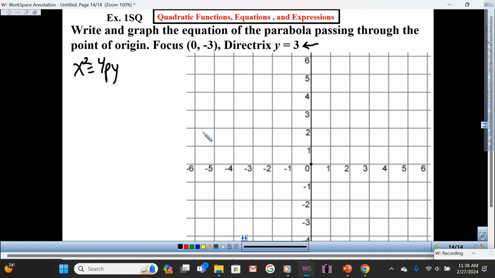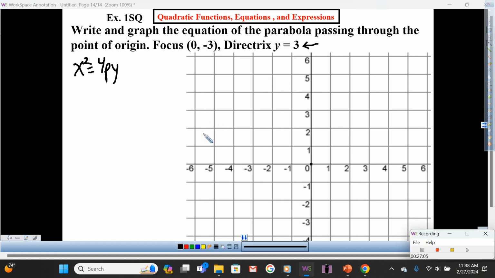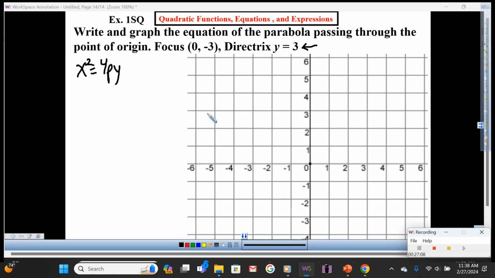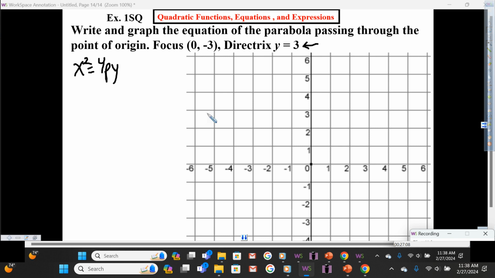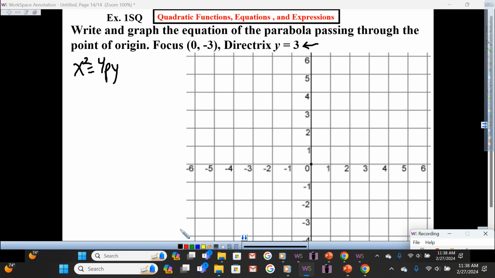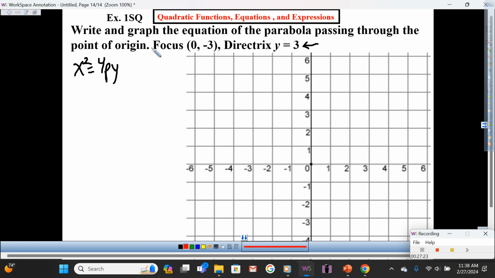Step 2. Oh my goodness. Step 2. Trinity, what do I do next? Substitute p with -3 from the focus, so I change this to red.